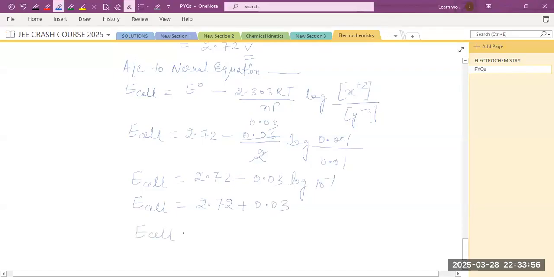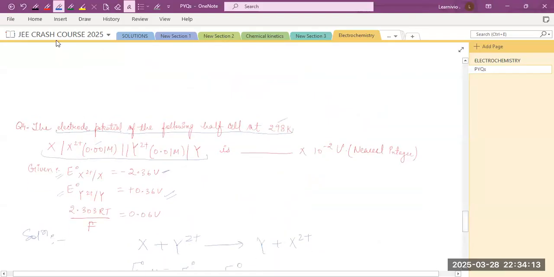Your E cell will be 2.75 volt, or you can write it as 275 into 10 to the power minus 2 volt. So the electrode potential of the half cell at 298 Kelvin is 275 into 10 to the power minus 2 volt. This is your answer.